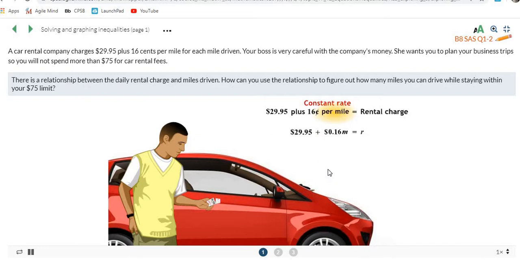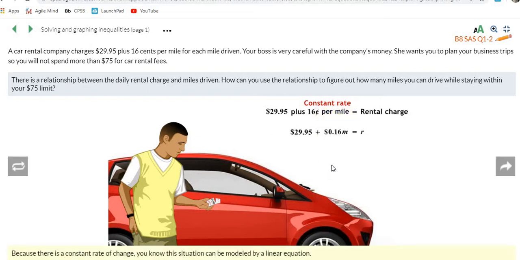Per mile is M. So what does M stand for? Mile. And why is it being multiplied by 16 cents? Because it's every mile, it's being multiplied by 16 cents.